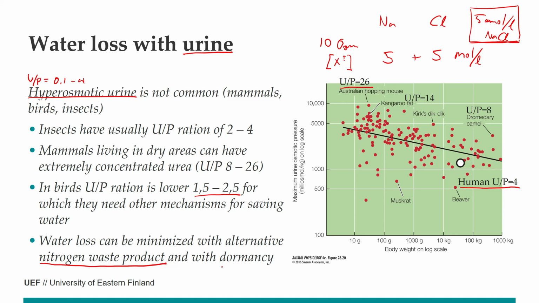Or then with dormancy. So when you are dropping your body temperature, that of course means that you are reducing the metabolism, then you are reducing the respiration, and therefore you are not losing so much water. And of course then you can also be in some kind of shelter.